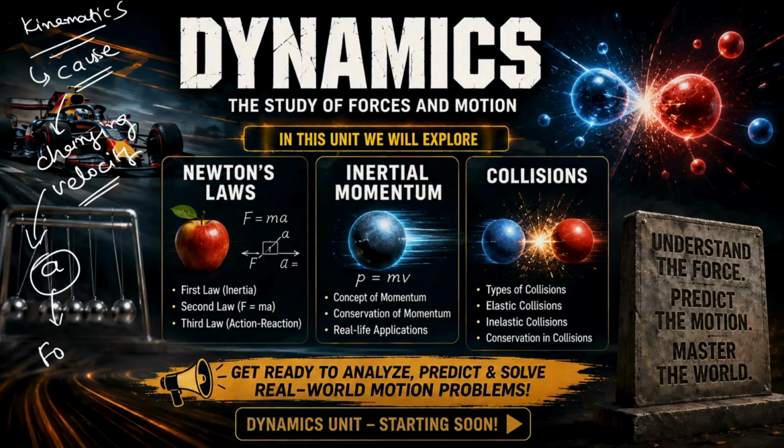Force. When a force is applied on any body, the body is going to accelerate or decelerate, and it may change the velocity. So in dynamics, we are going to study force in depth.